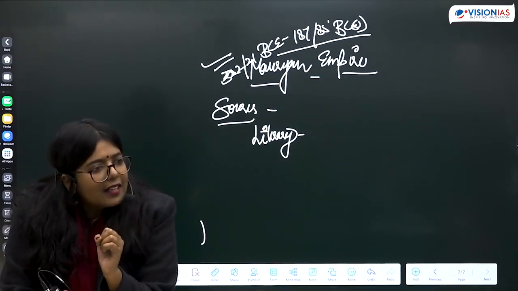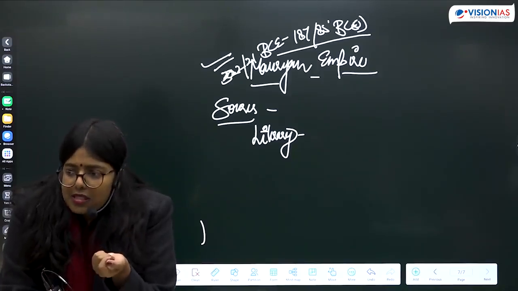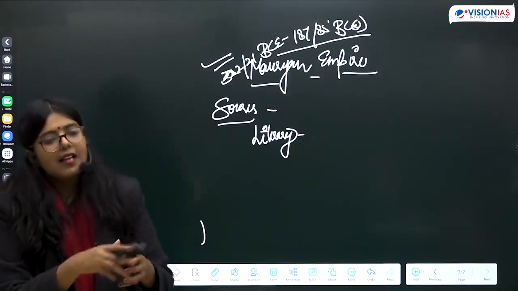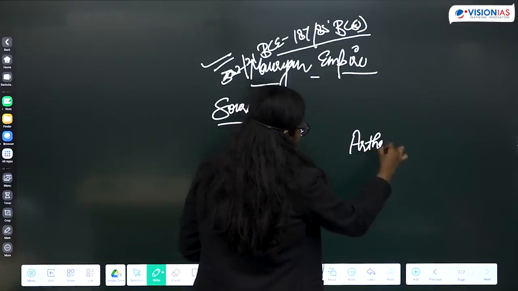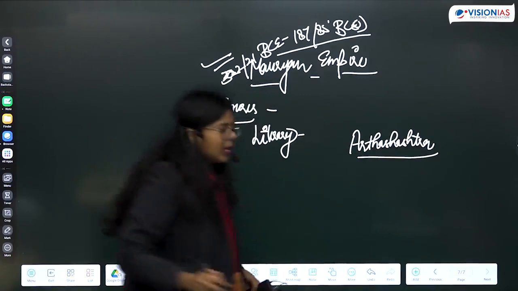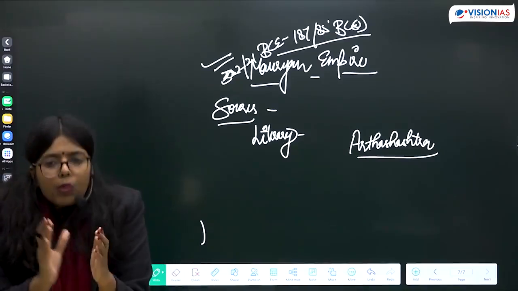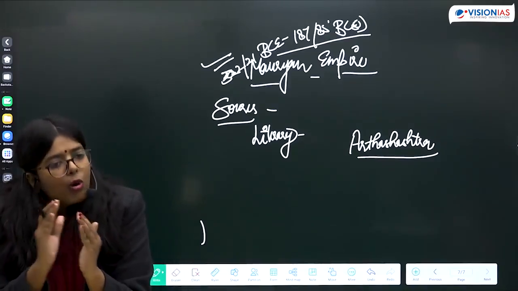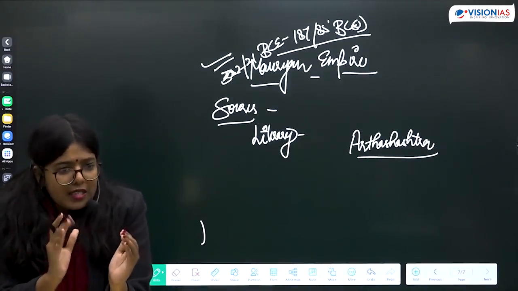Then the second category in literary texts will come, non-religious sources. In that, the most relevant book will be Arthashastra. So when we are talking about Arthashastra, it is said that it was composed by a person called Chanakya or Vishnugupta or Kautilya.